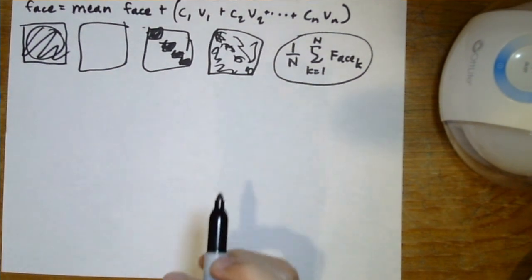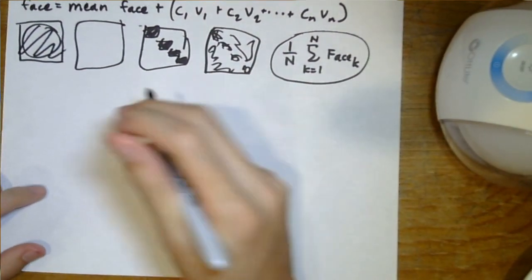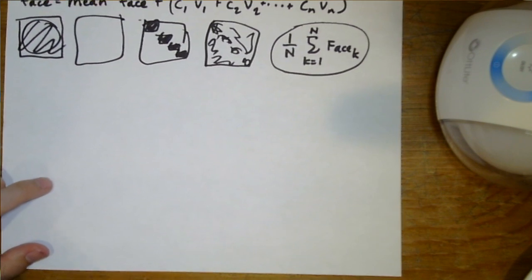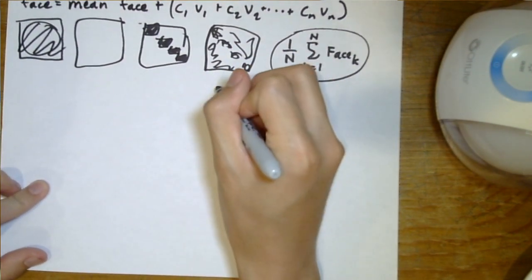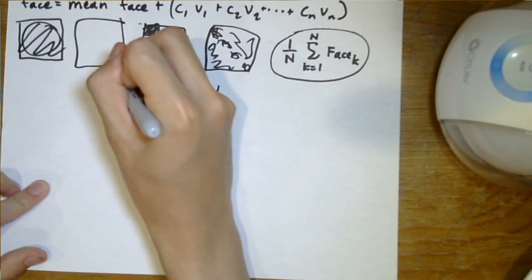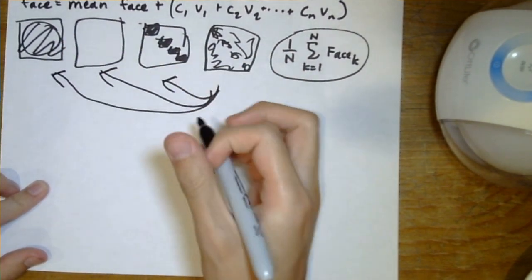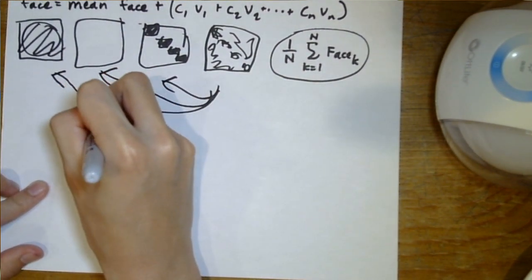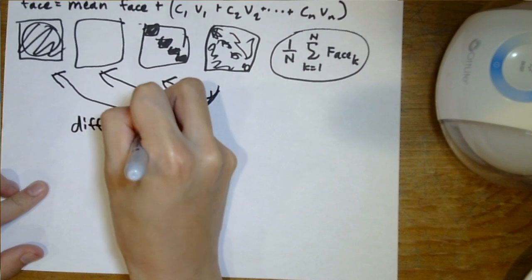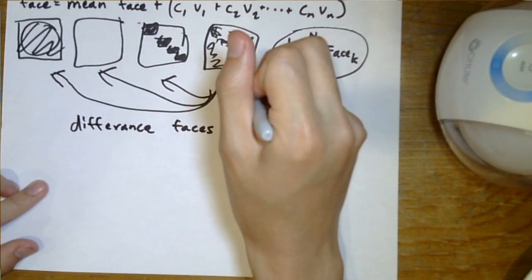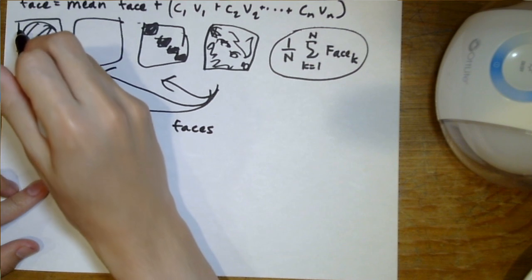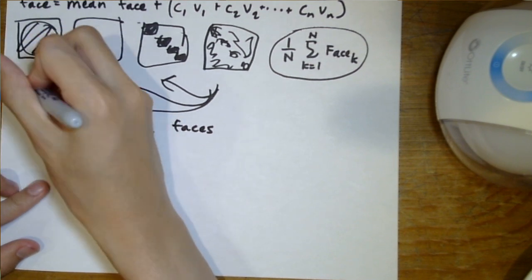And we also want to know how to get back to our training data faces from our mean face. So what we do for that is we compute difference faces for all of these face vectors. So the difference faces between the mean face for this, it would look like a lot of white.